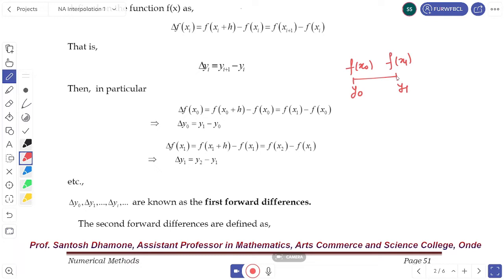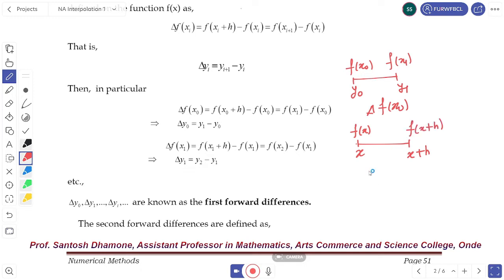Then we calculate delta f of x0, between f of x1 minus f of x0. This is the difference between y1 and y0. This is known as the difference operator, the forward difference operator. If this is our point h, here we get the value of y at x plus h.